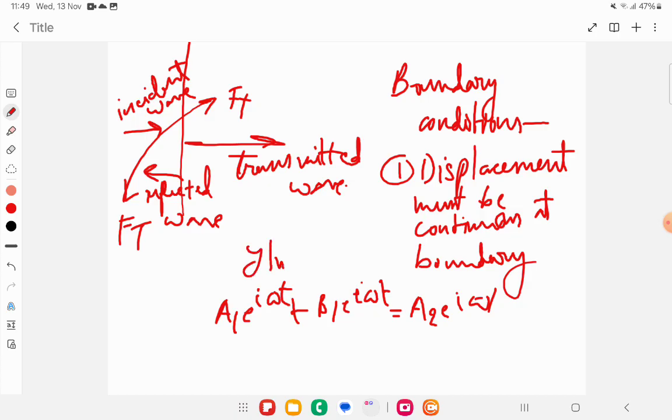At x is equal to 0, incident wave plus reflected wave is equal to transmitted wave.